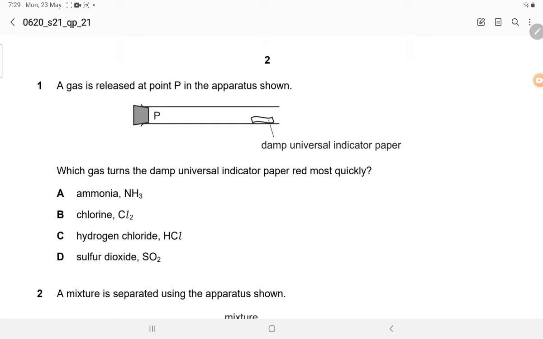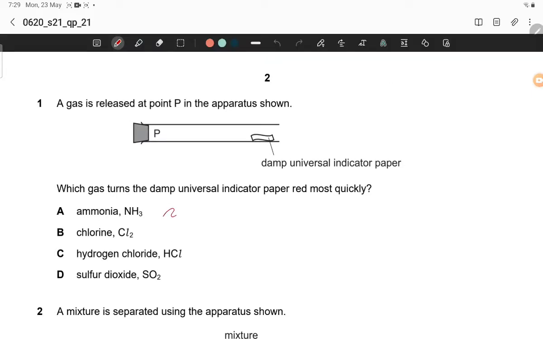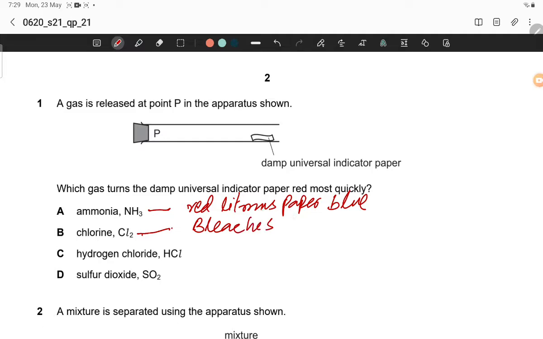Ammonia turns red litmus paper blue. Chlorine bleaches damp litmus paper.